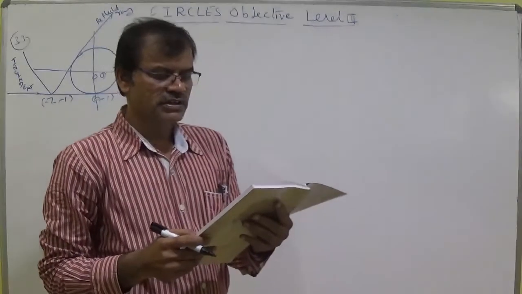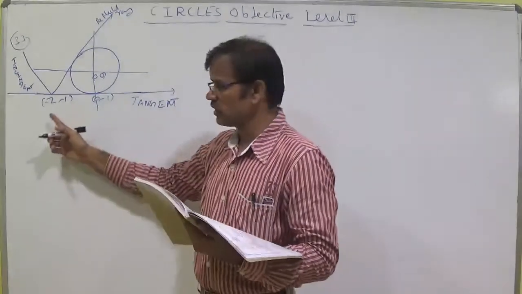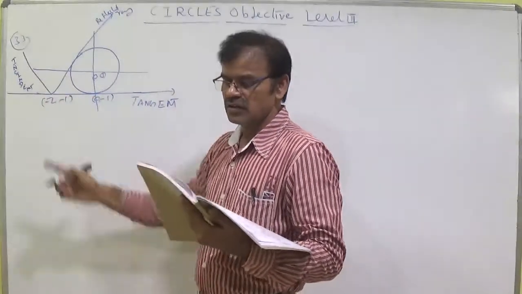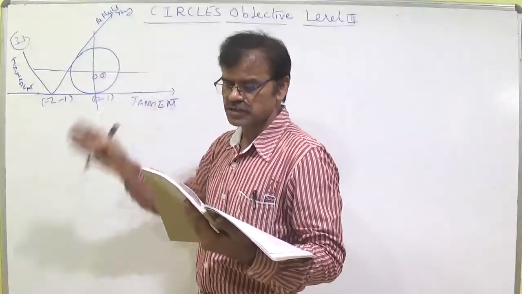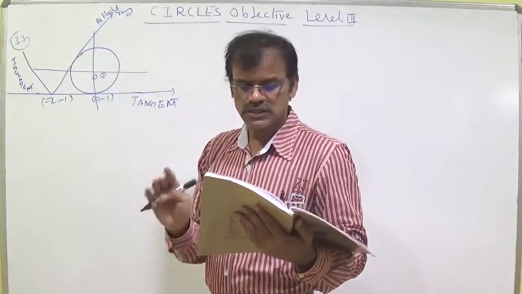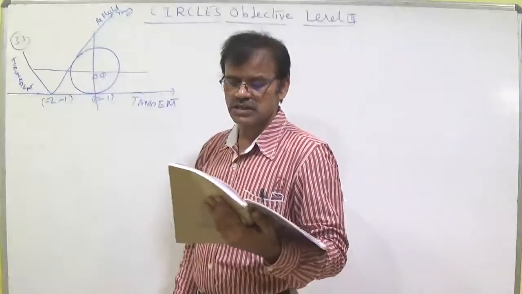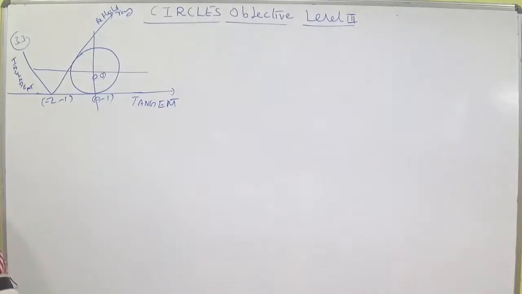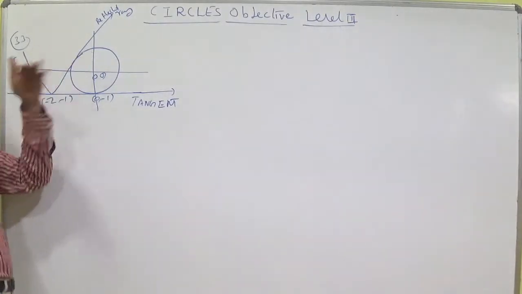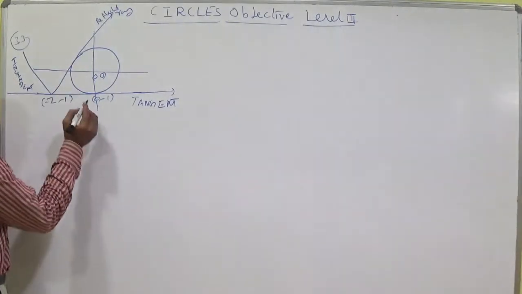A ray of light incident at the point minus 2, minus 1 gets reflected at the tangent. From here it is reflecting, and the reflected ray touches the circle. This is the tangent. We want the equation of the line along which the incident ray moved, so the reflected ray equation should be calculated.